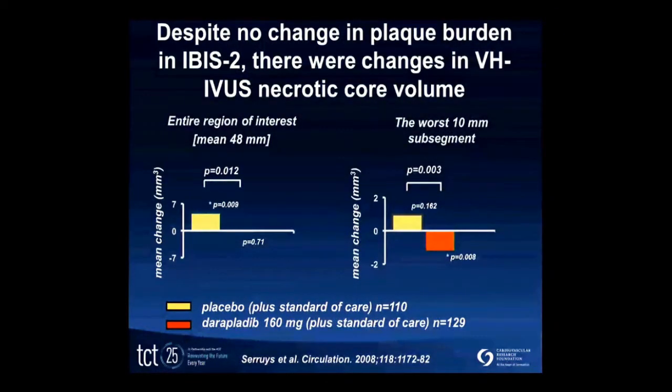Instead, we're beginning to look at changes in plaque composition because we believe that composition and fibrous cap thickness are much more related to events. This is a study using virtual histology, looking at the amount of necrotic core.